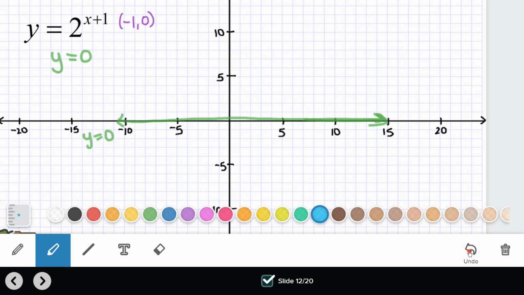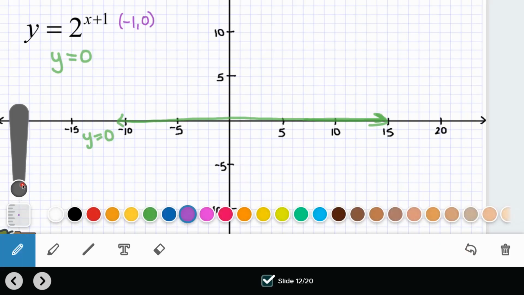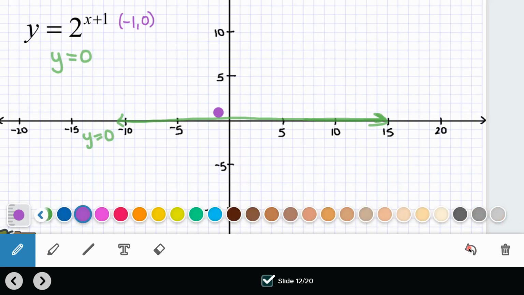Okay, so what I'm going to be doing, I'm going to be starting here at -1, and this is where I'm going to do 2 to the 0, because this is my starting. 2 to the 0 is 1. Oops, that's maybe a little too fat. Let me undo that.